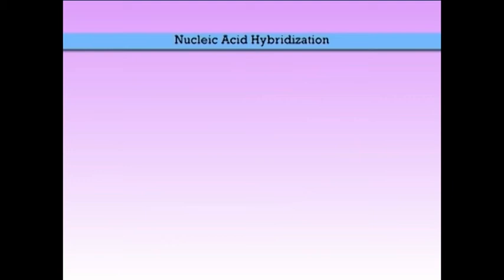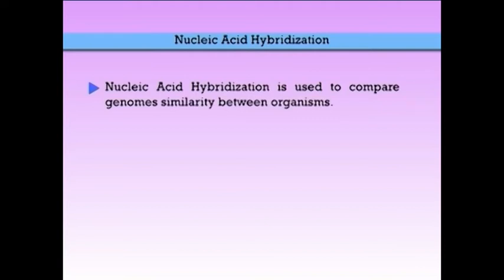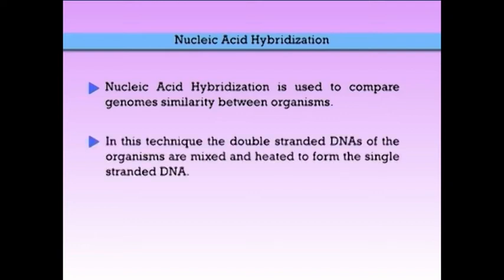Now, we'll come to nucleic acid hybridization. Nucleic acid hybridization is used to compare genome similarity between organisms. In this technique, the double-stranded DNAs of the organisms are mixed and heated to form single-stranded DNA.